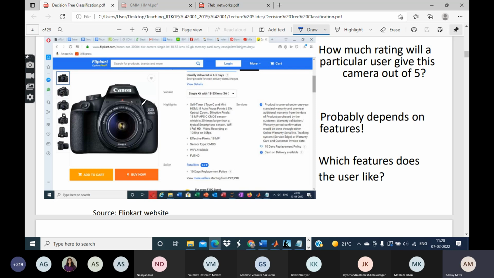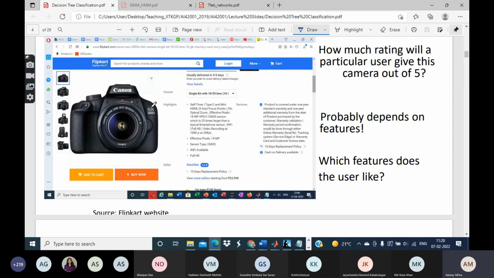They may not have actually written down the exact rating of each and every feature separately, but intuitively they have some idea about what features they are interested in, and whether they are satisfied with those features or not.